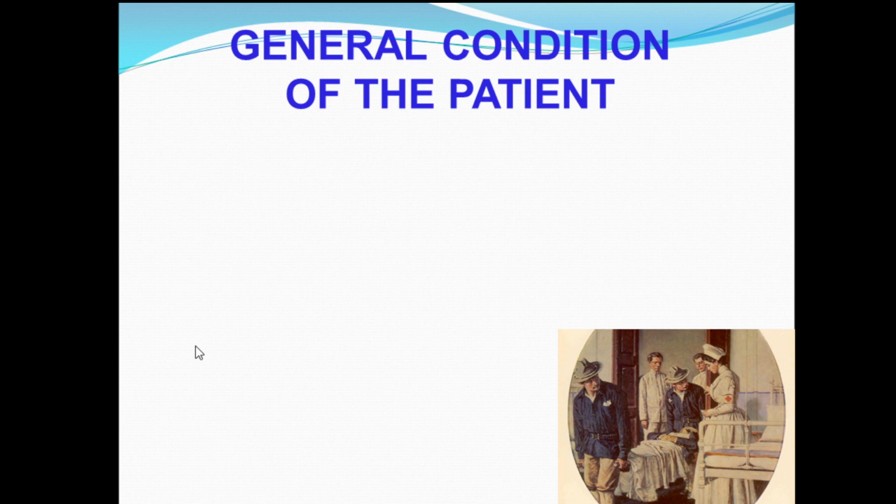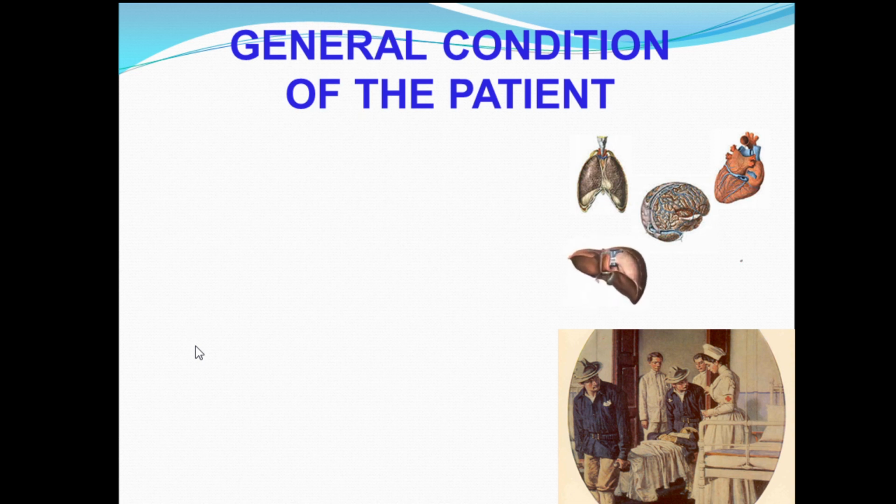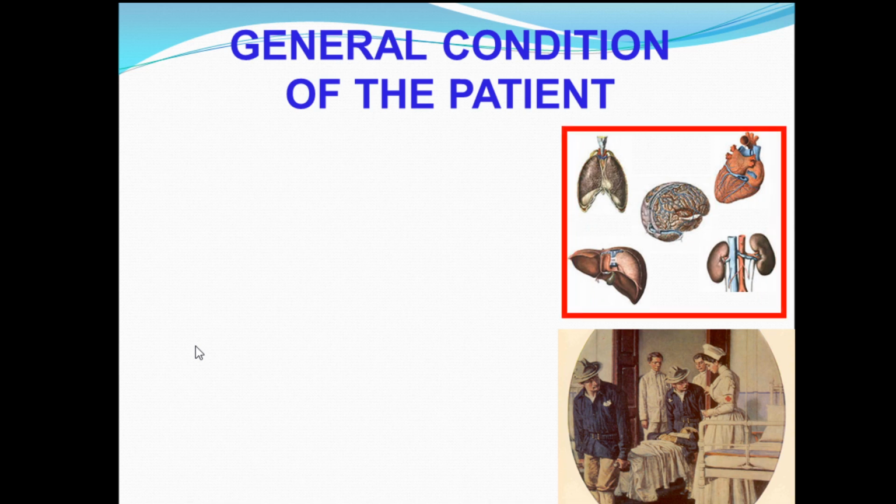We'll start our examination from assessment of the general condition of the patient, because the time of the next doctor manipulation and the time of treatment depend on the general condition. General condition of the patient depends on the functional activity of vital organs: brain, central nervous system, lung, heart, liver, and kidney.